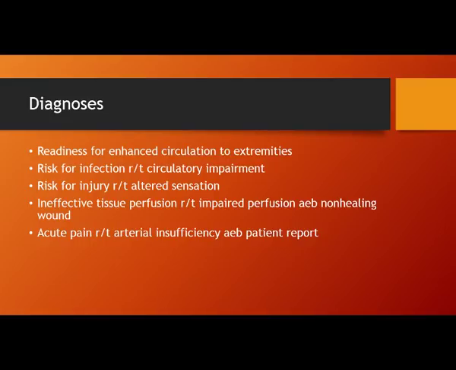So some of the diagnoses: a health promotion one might be readiness for enhanced circulation to the extremities. Somebody that knows they have bad circulation and asks, well, what can I do to improve my circulation? Risk diagnoses: risk for infection related to circulatory impairment, or risk for injury related to altered sensation. Why do we have pain? It's a protective mechanism.